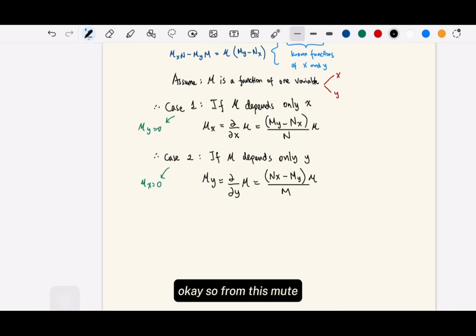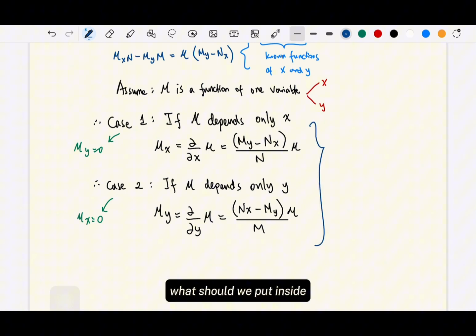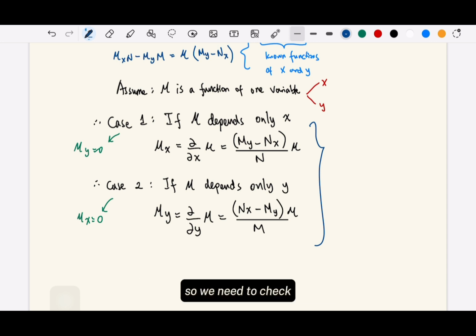Okay, so from this mu, what should we put inside? Just like your linear equation, we are going to put e with the power of something. Because as we have also seen so far, if we derive or integrate e to an exponent, it will give the same exponent, right? So we need to check this mu using those exponents.